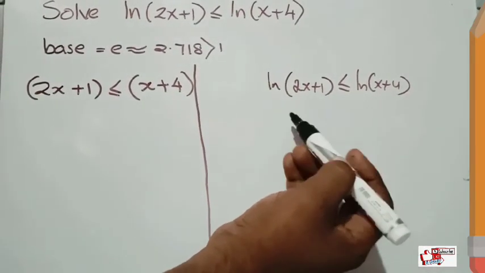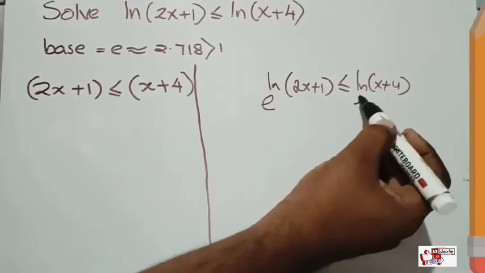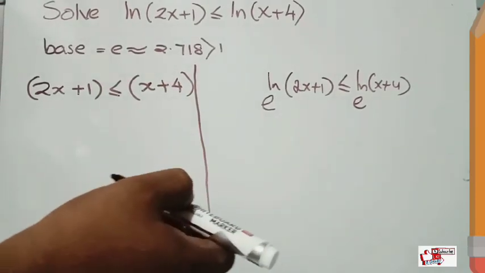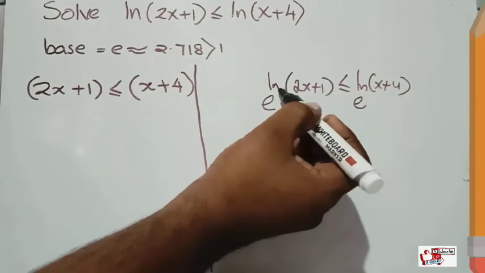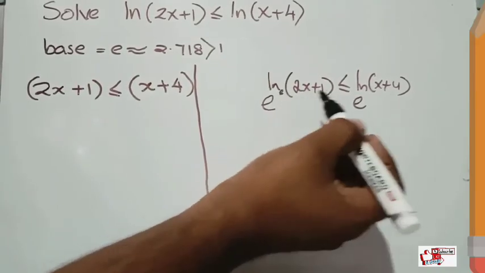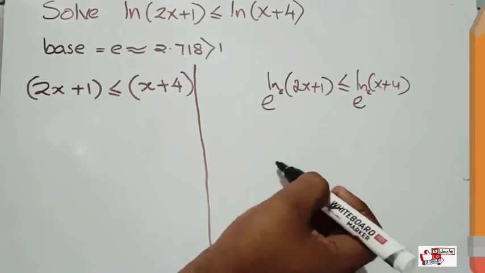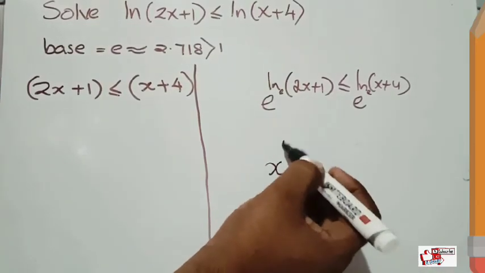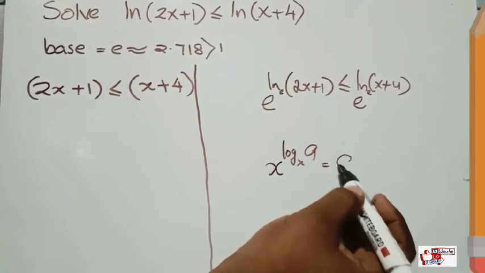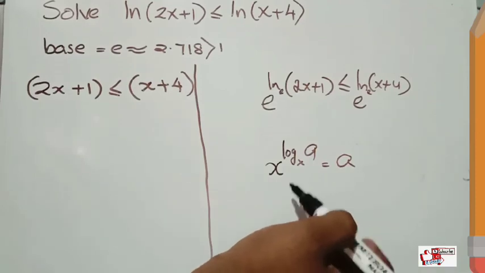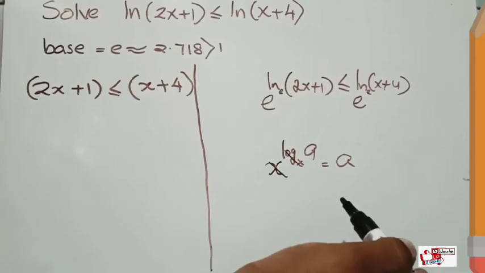To go to the next step, we take base e on both sides, because the base of the logarithm is e. And we have learned a rule, x raised to log a to the base x is a. So the log and the base get cancelled.